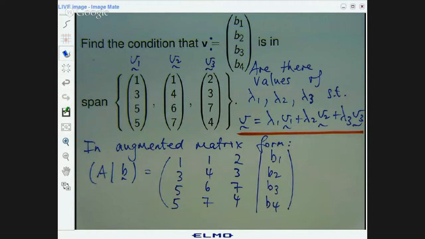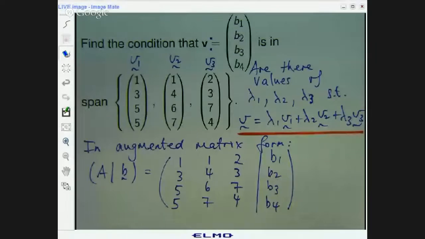All right, so we have now successfully transformed our problem to an augmented matrix. What do we do now? Well, we want to talk about and delve into the solvability of this problem. So we do our row operations and put the augmented matrix in a row echelon form.